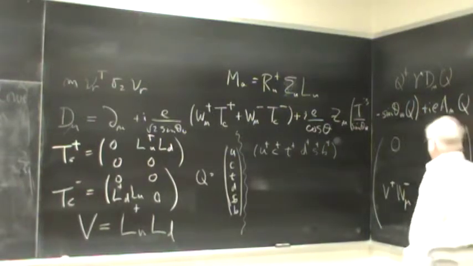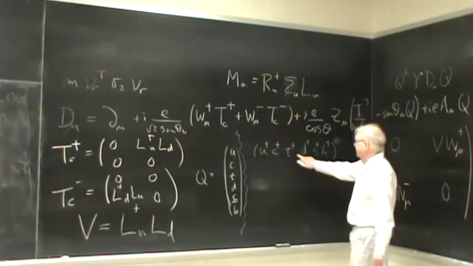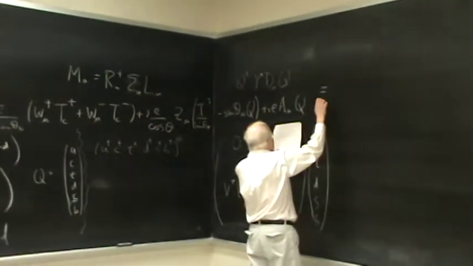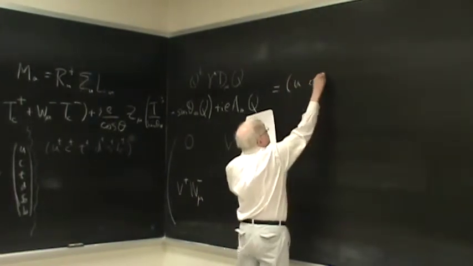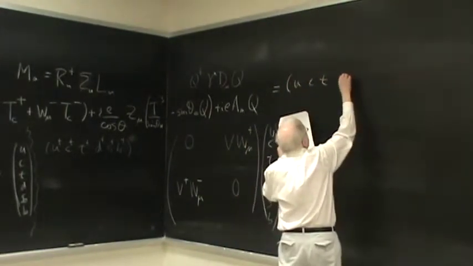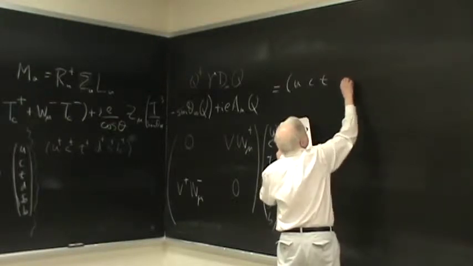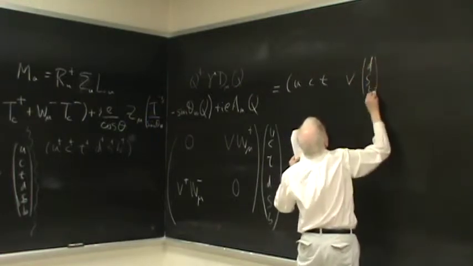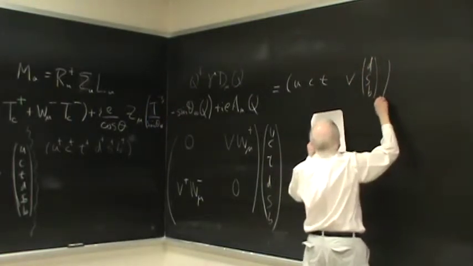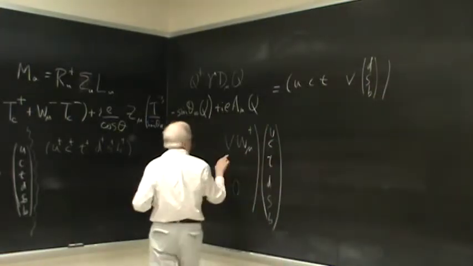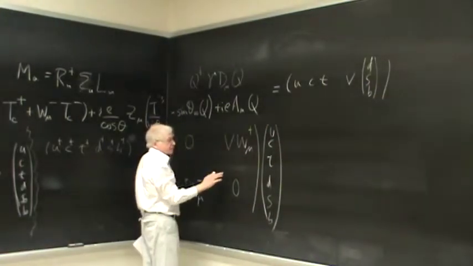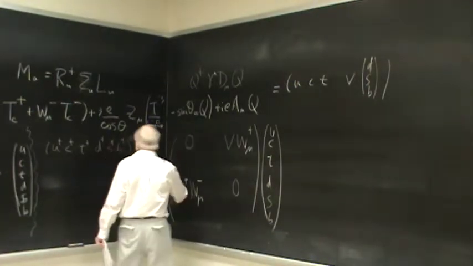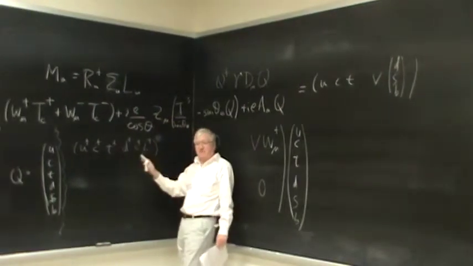All right. Notice that since we have a V dagger here and a V dagger there, we can rewrite this and say that this is the same thing as U, C, T, and then V acting on D, S, B. In other words, I'm going to pull this matrix V. This matrix V really only acts on the D, S, B from the right, and this one really acts on the D dagger, S dagger, B dagger from the left.